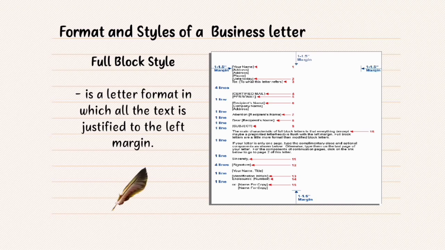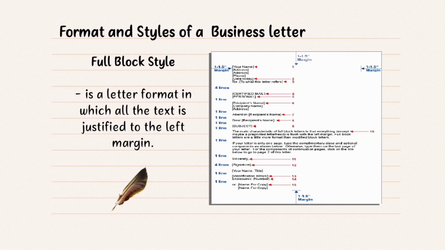In a full block business letter, every component of the letter, like the heading, the address, the salutation, the body, the signature, the identification, the enclosures, and all the parts of the letter are aligned to the left. As you can see, all the letter is aligned to the left.